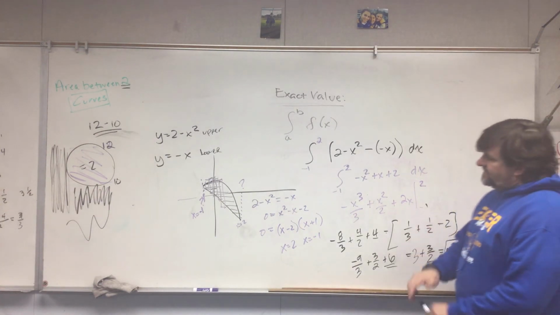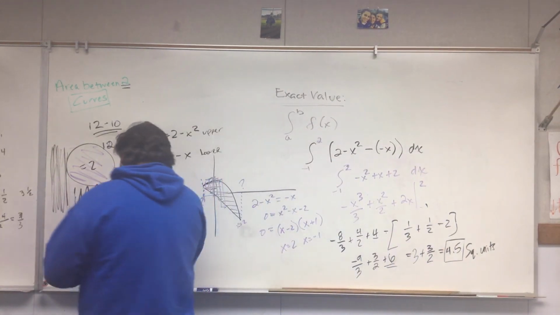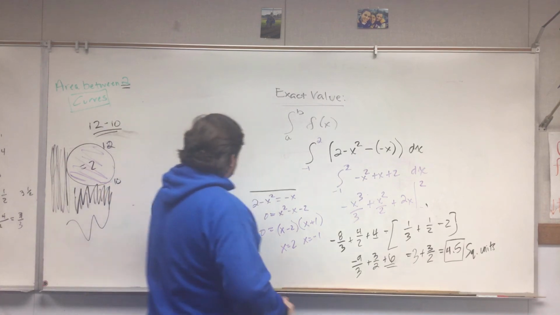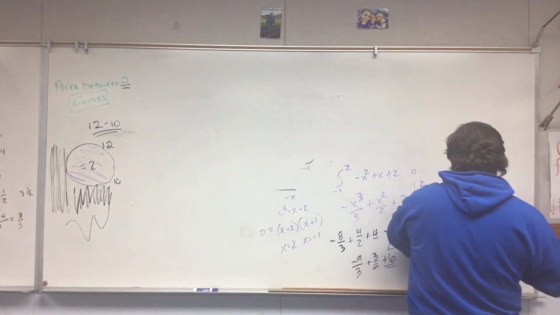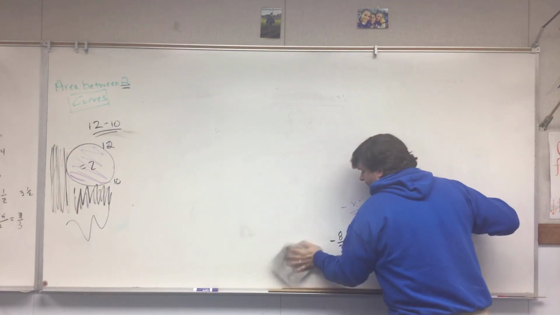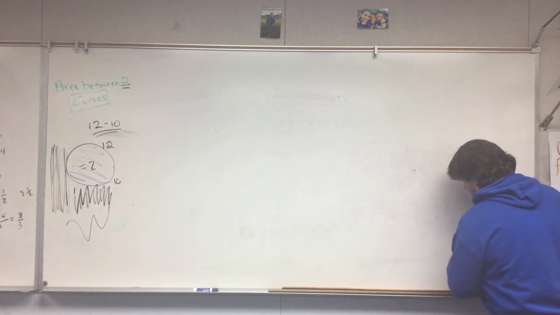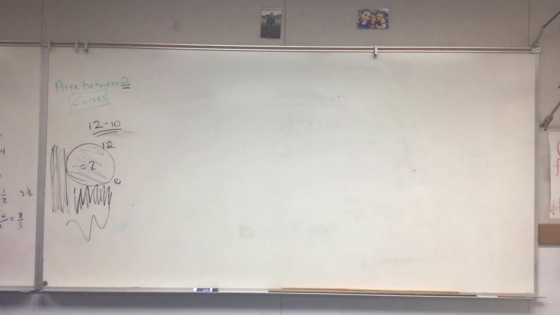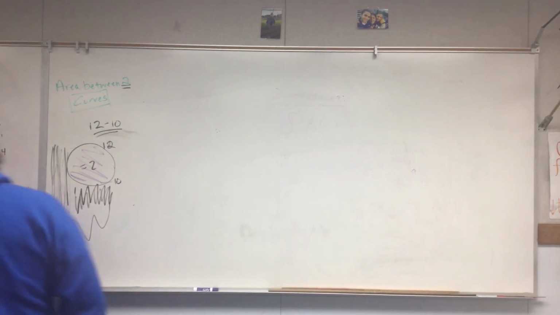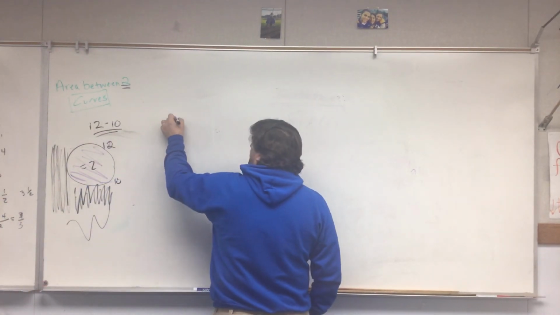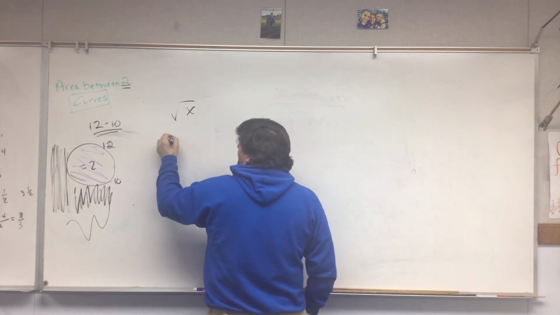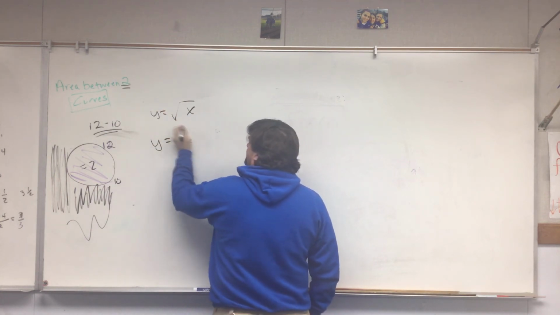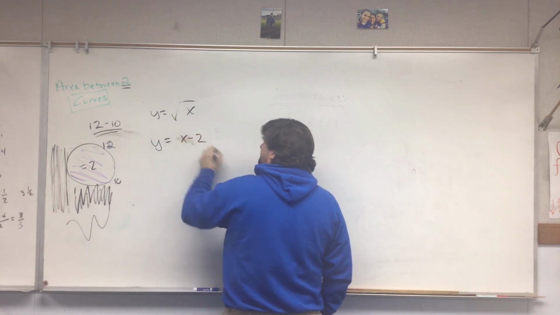Okay, so one more quick idea when it comes to exact values for you guys. I'm just going to do the setup. We won't go through the calculations because this video is going to be long enough. All right, so let's look at the example they give us. They give us the square root of x as one of them, and y equals x minus 2.